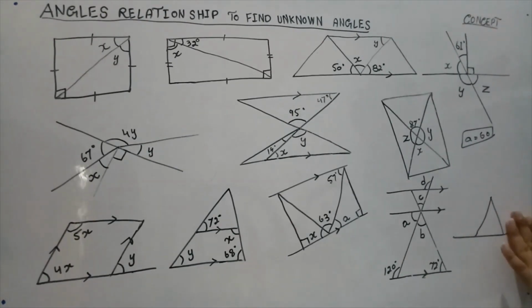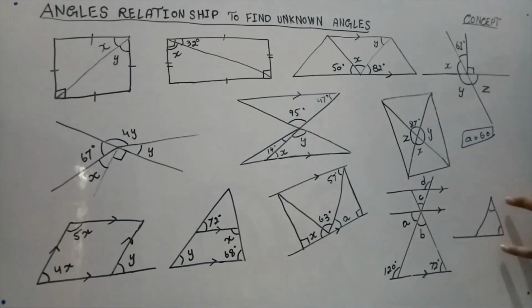If I exclude this line first, this theorem says the sum of two interior angles, this one and this one, will be equal to the opposite exterior angle.